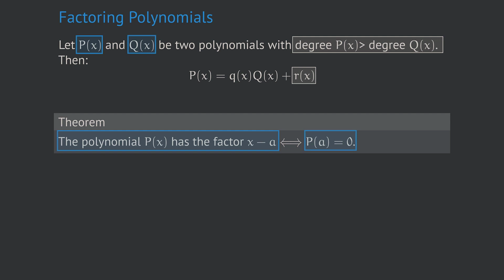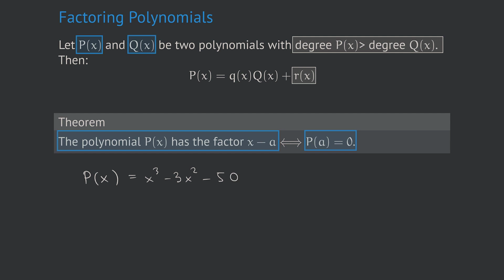Now that was for sure a lot of theory. If you are not used to these kinds of things, I suggest you take a break and re-watch that part of the video later. Anyhow, let's try to justify our hard work by showing you a nice little example. Let's say we have a polynomial p of x, which equals x to the third power minus 3 times x to the second power minus 50.